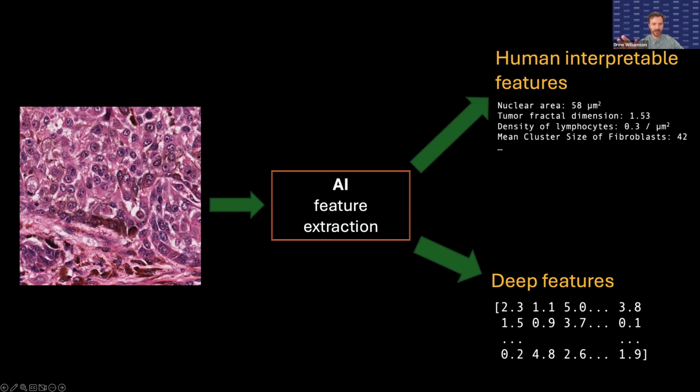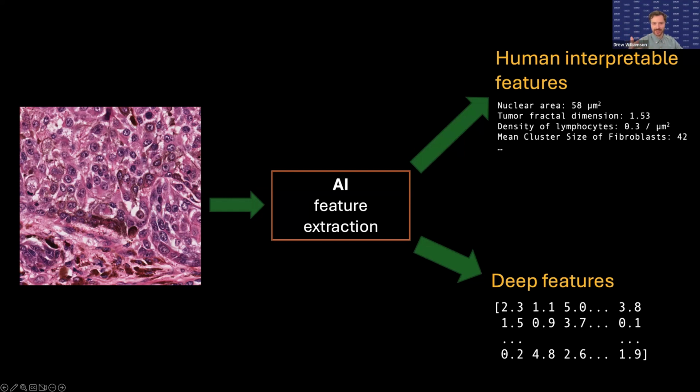I've never once thought about the fractal dimension of the tumor area, or the exact nuclear area of the tumor cells, or the density of lymphocytes. Some of these features, especially the entropy of things, the gray level co-occurrence matrices, in theory are human interpretable, but not really pathologist interpretable.